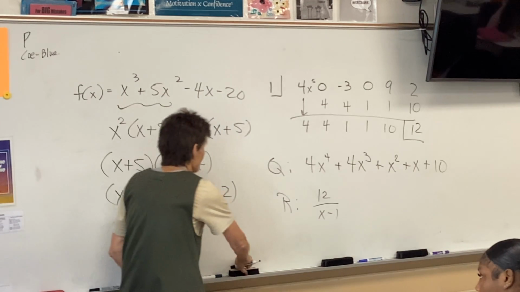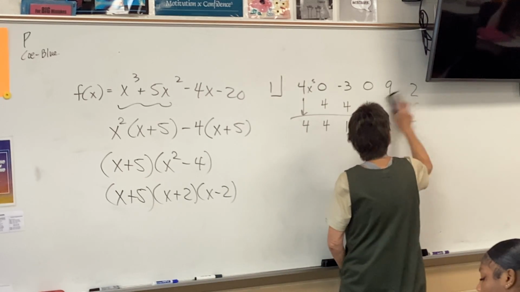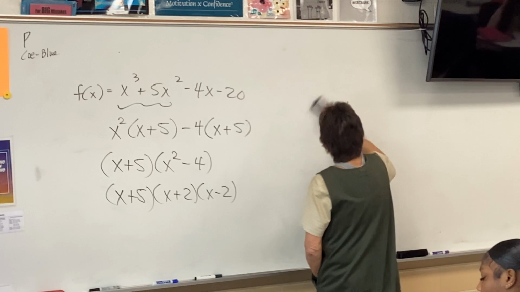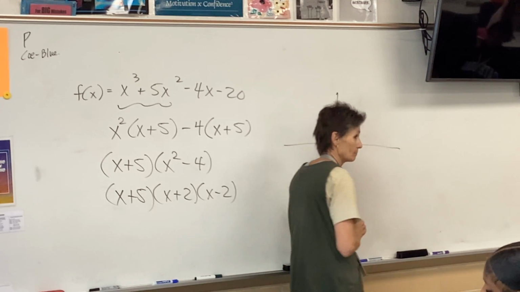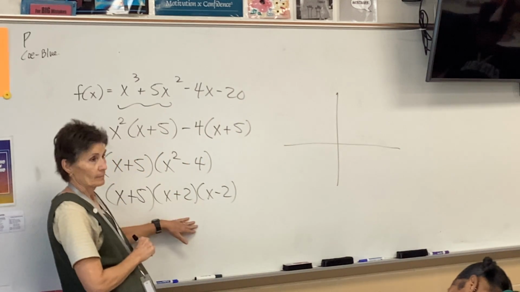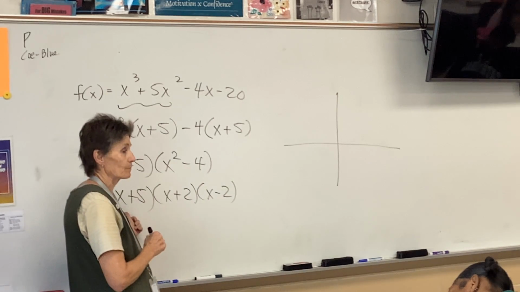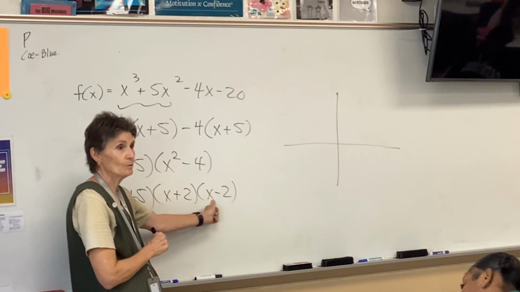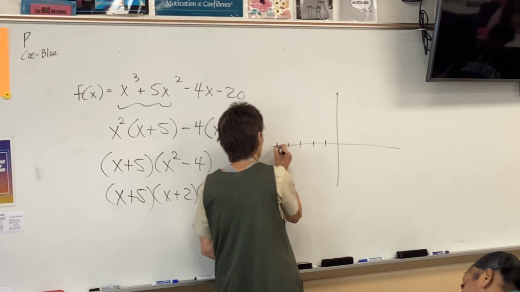And then we're going to sketch that. So what do we have to do? We have to sketch it. Put some dots on there. Where do the dots go? -5, -2, and 2. And I label them.